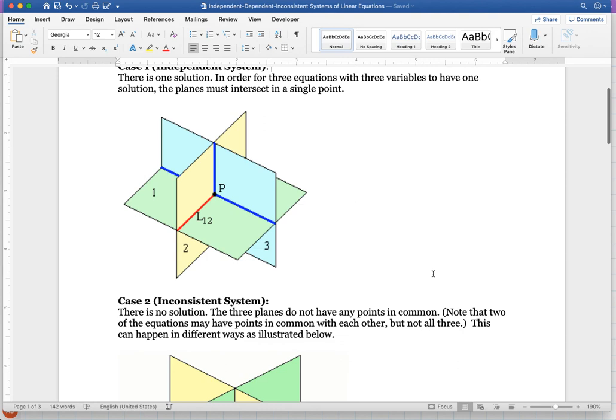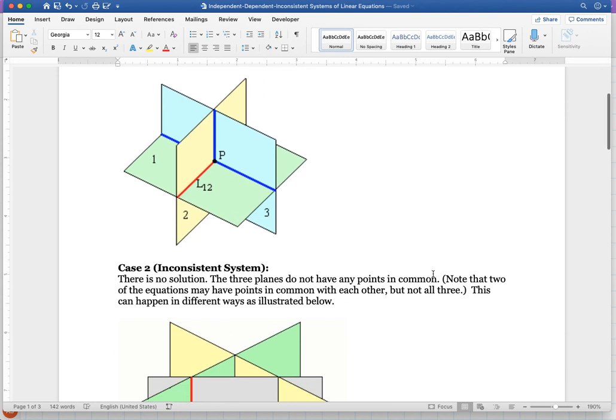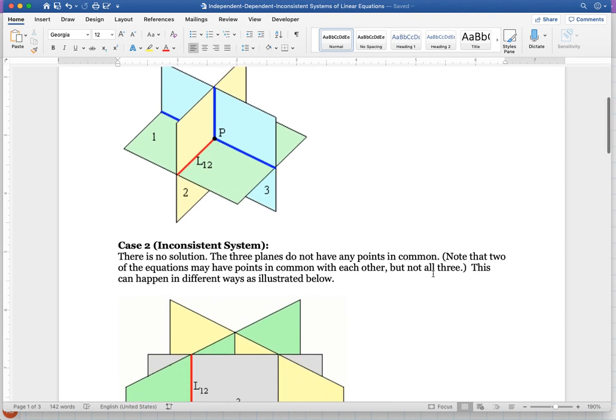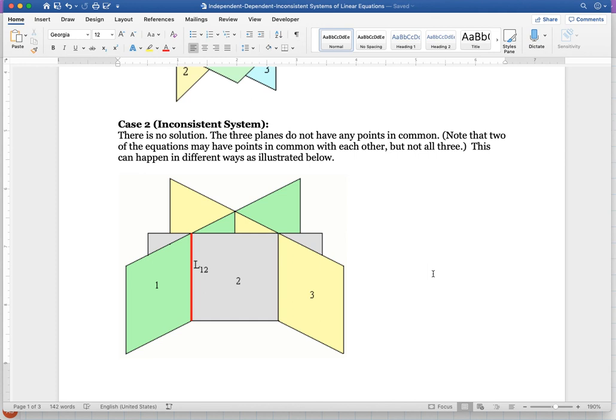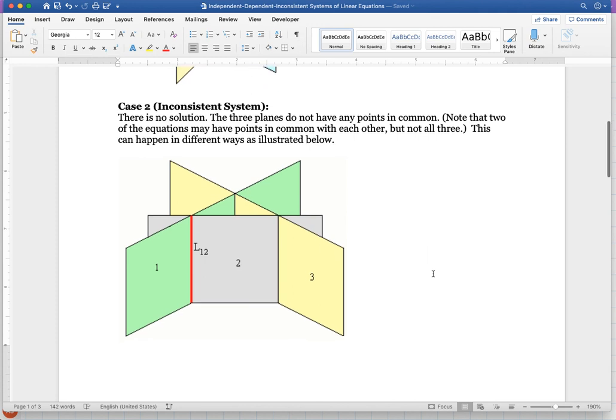Another case is that our system may have no solutions at all. That would be an inconsistent system. And this can actually arise in somewhat different ways.